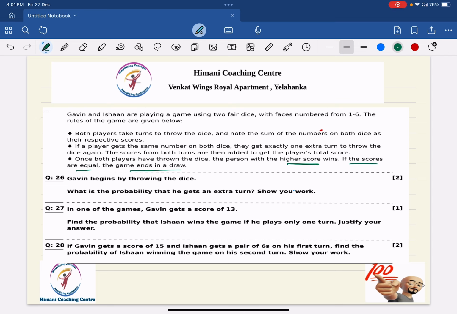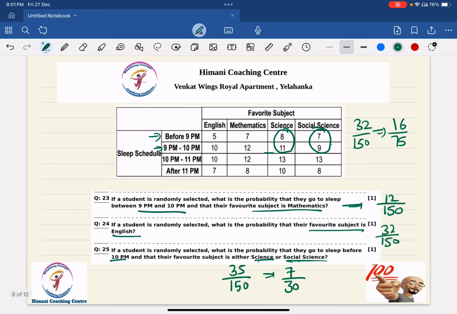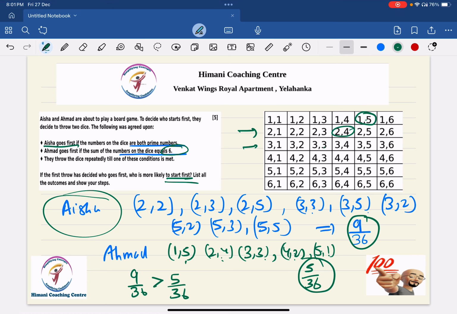Now the question is: Gavin begins by throwing the dice. What is the probability that he gets an extra turn? Show your work. Now see, if you look at the table which you will make, I am coming back to this table. Gavin can get an extra turn only when he throws the same number on both the dice.